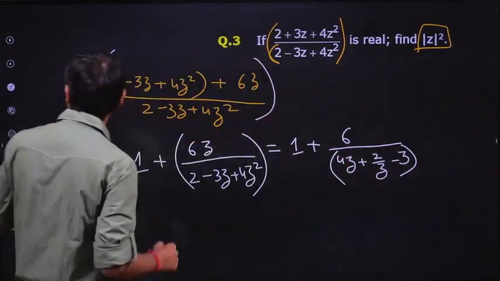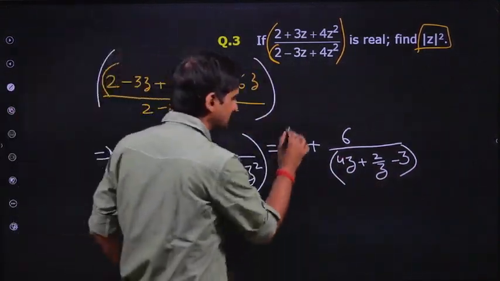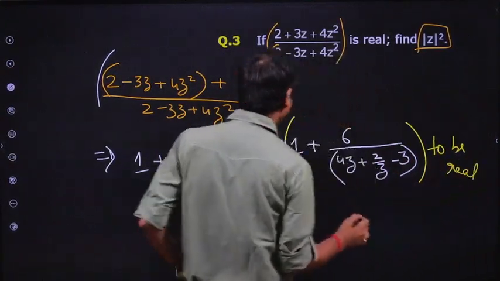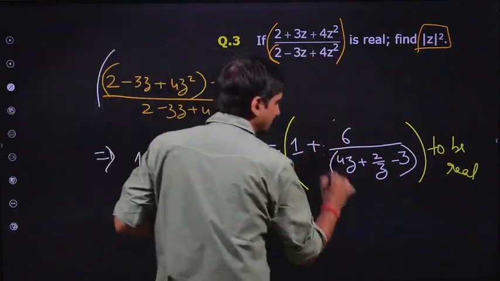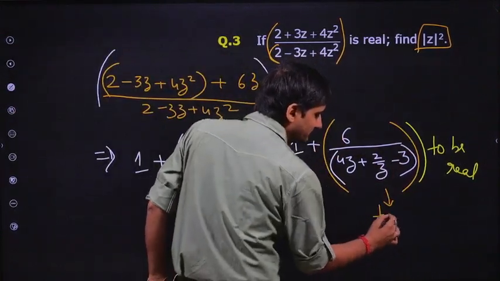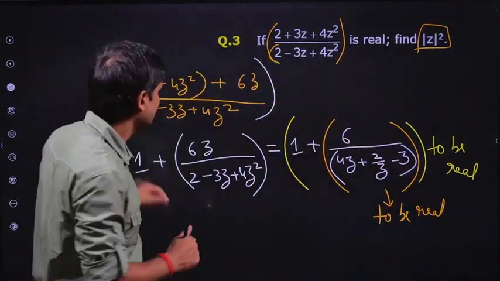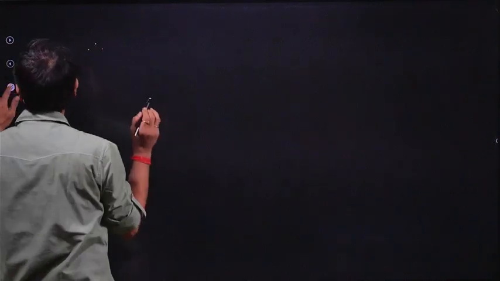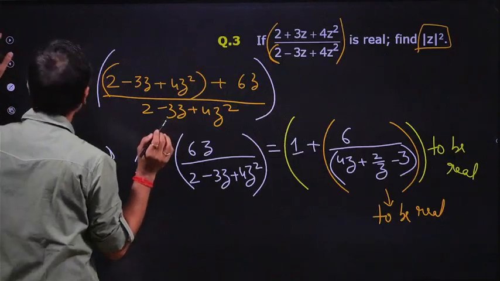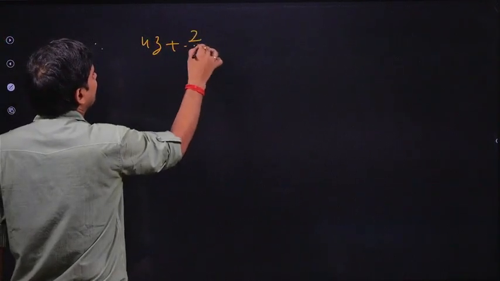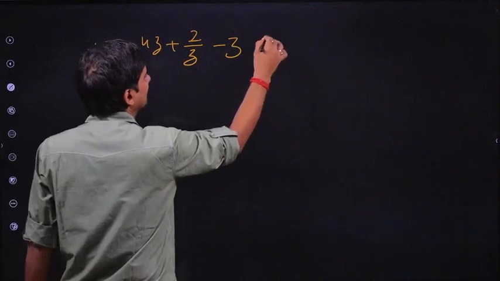Now, if this entire expression has to be real, doesn't that mean, bachcho, that this has to be real? Since the numerator is real, the denominator, which is 4z plus 2 by z minus 3, has to be real.